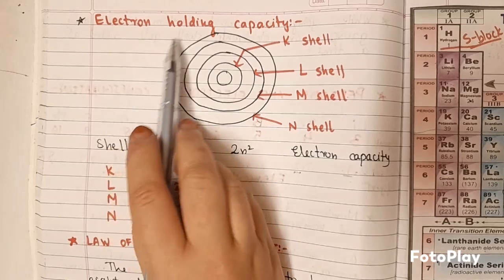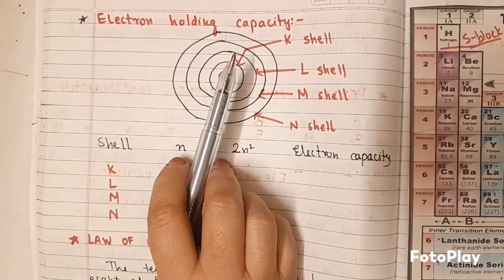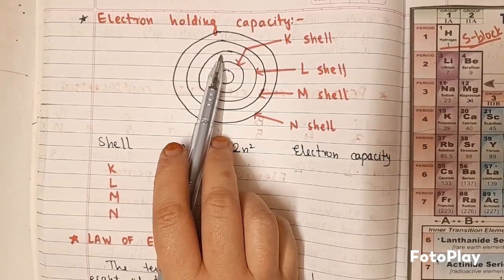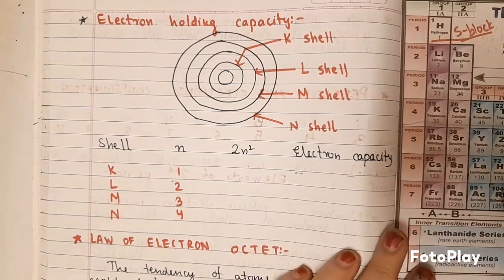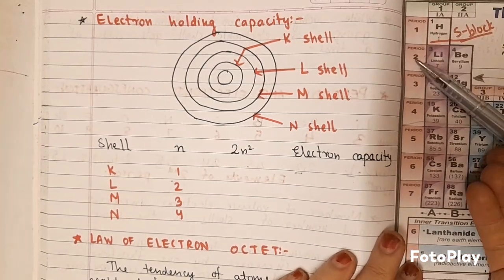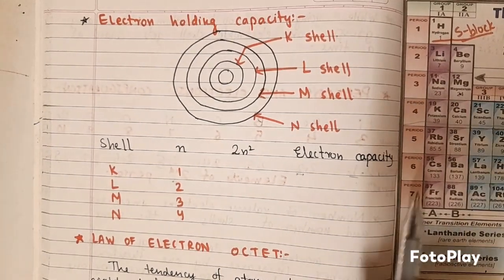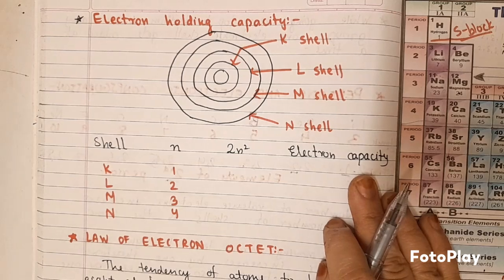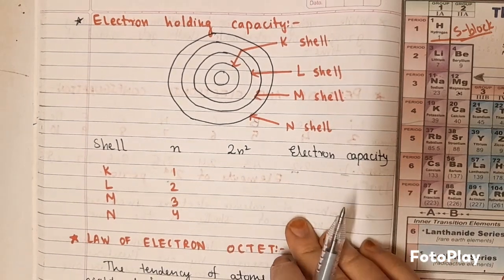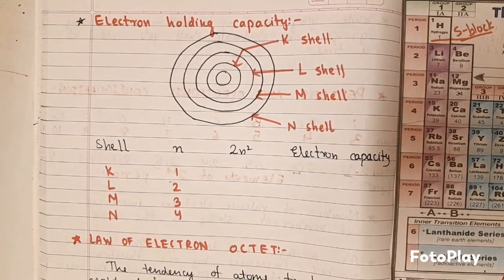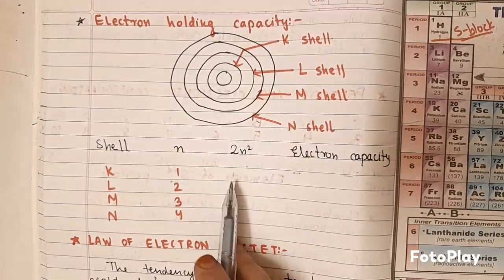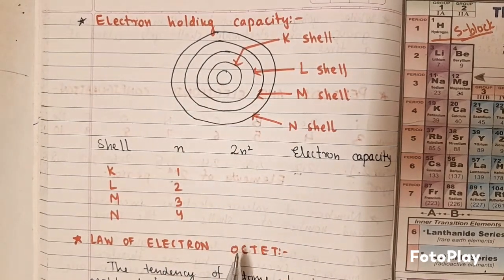Electron holding capacity. The number of elements in the first three periods, first, second and third, is determined by the electron capacity of the shells and the law of electron octet. Electron capacity of the shells means how many electrons each shell can hold.